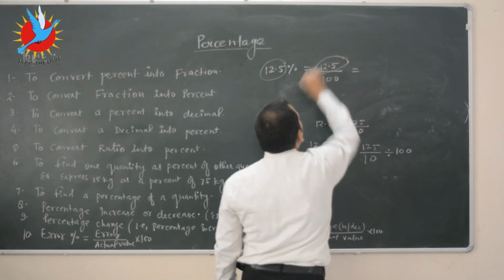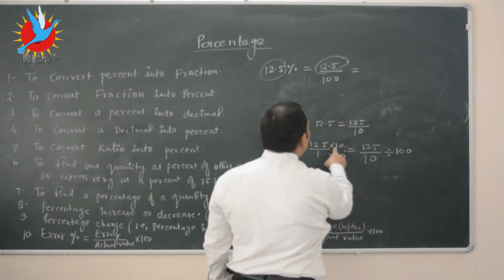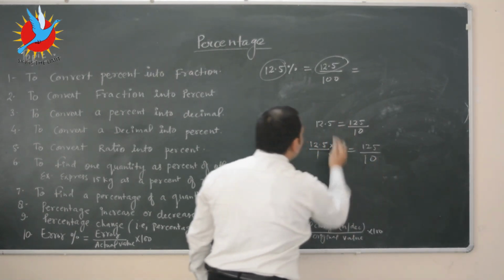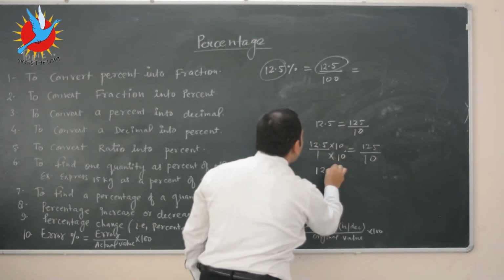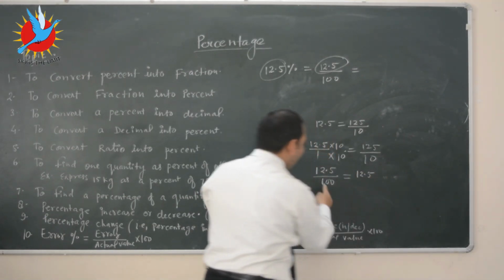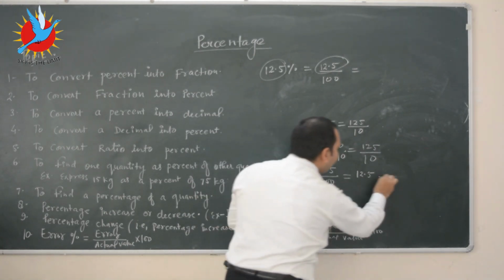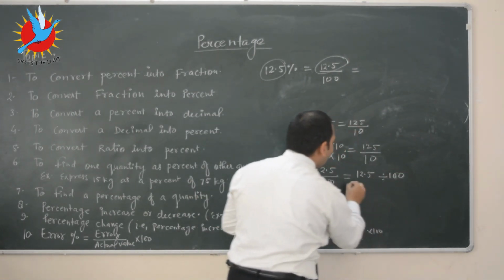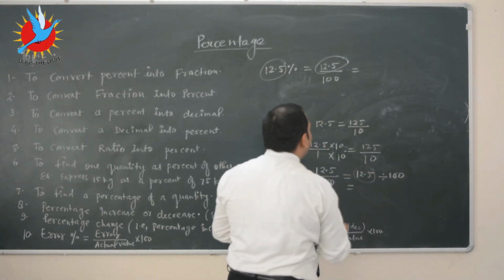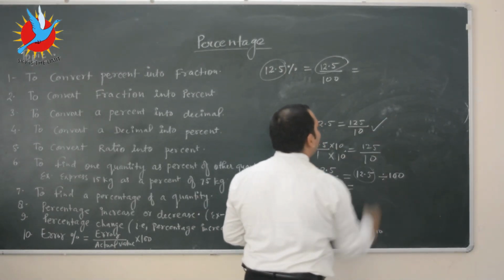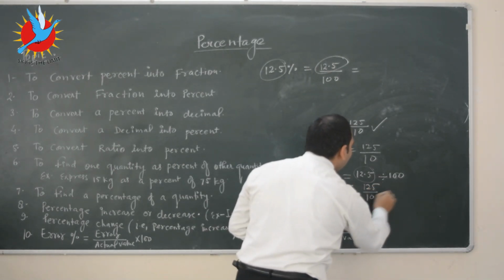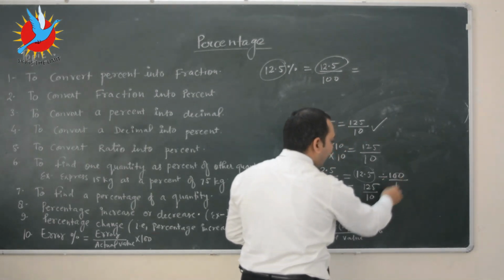This can be written as 12.5 is 125 upon 10, and upon means divide by 100. So we write 125 upon 10 and this is divided by 100.